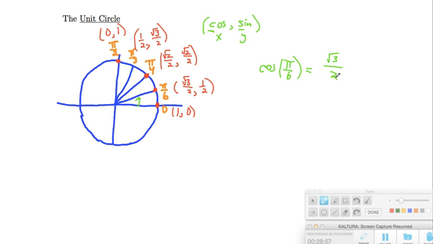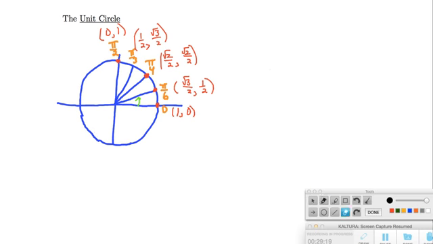You do want to memorize the unit circle. One strategy that you can do is to memorize, in particular, the first quadrant, quadrant 1. And then just use the idea of whether or not it's going to be positive or negative to fill in the rest of the chart.